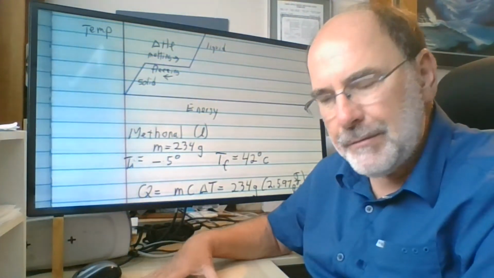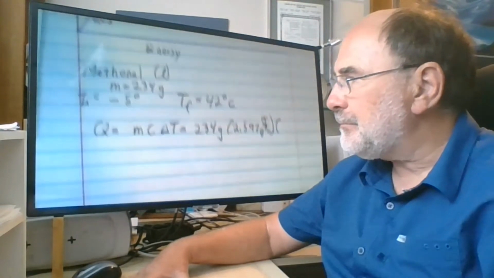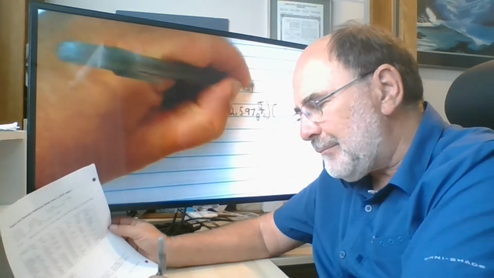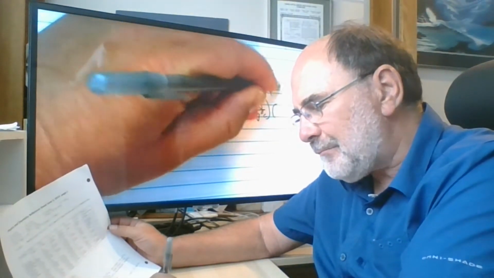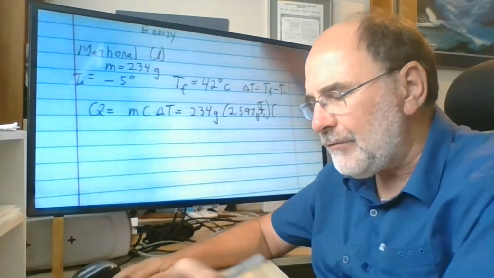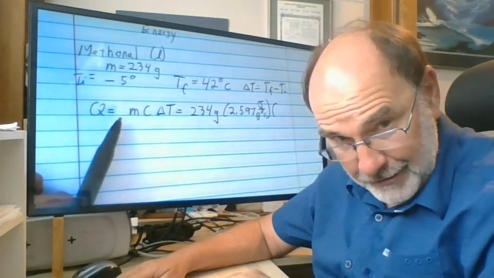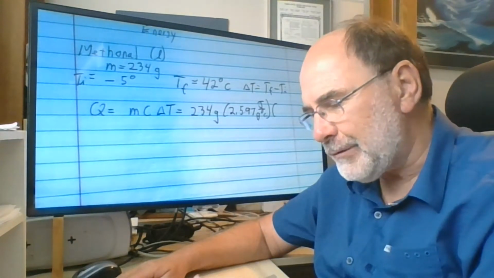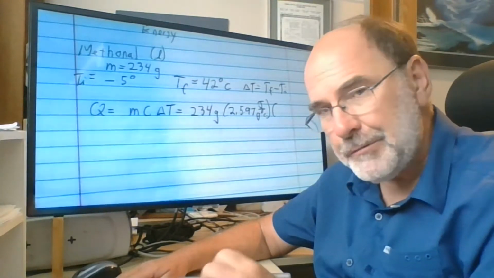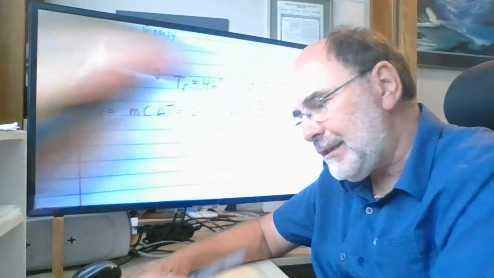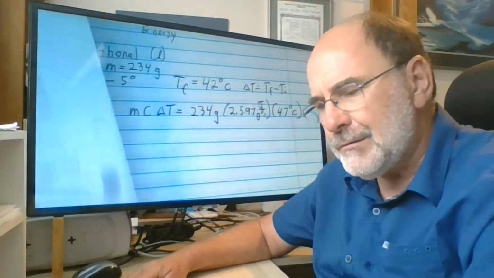And now I need to plug in the change in temperature. If you've forgotten, the change in temperature is always the final temperature minus the initial temperature. So in this situation, it's 42 minus negative 5. You love minus signs. Therefore, it's really 42 plus 5, which means 47 degrees C. Now, I mentioned this in a previous video.